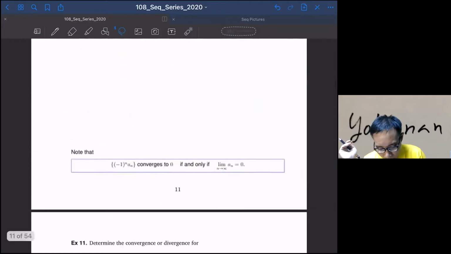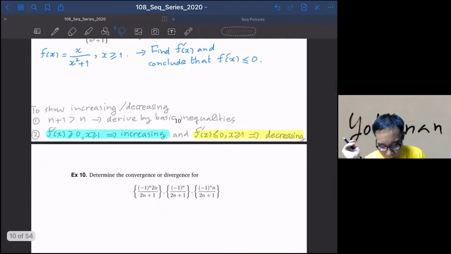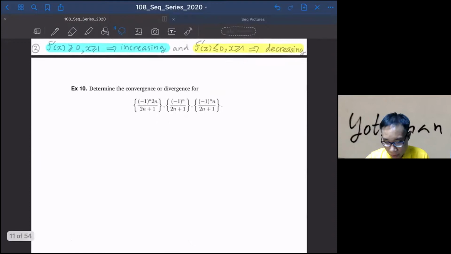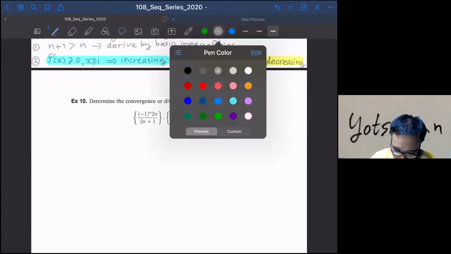The last thing that we're going to do is try to find the limit, or determine convergence or divergence, of an alternating sequence. This one is called an alternating sequence.